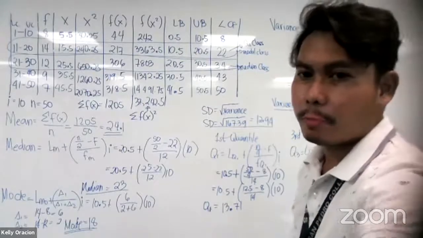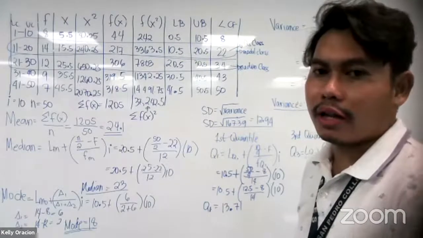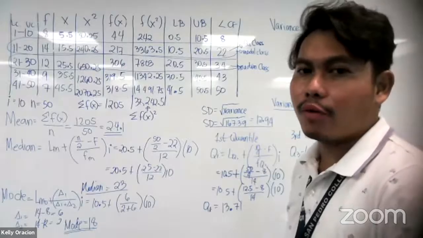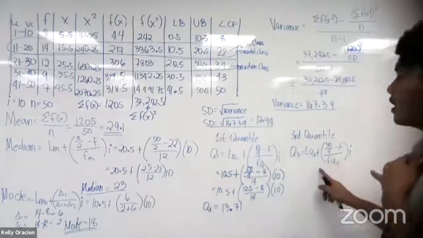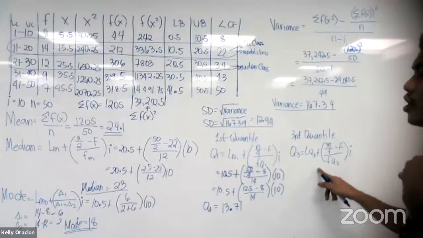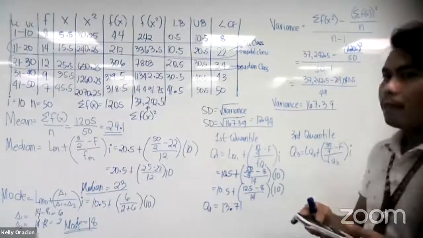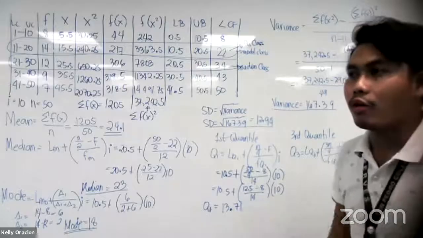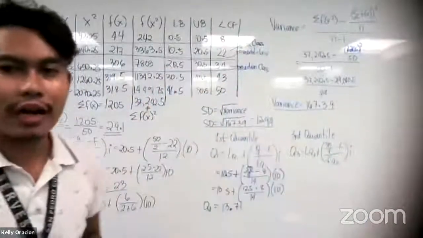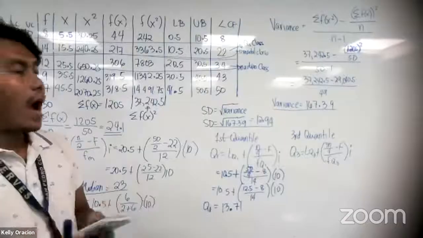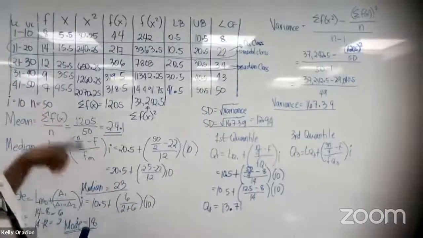Next, for the third quantile, what is our basis for the third quantile? This is our basis to get the third quantile class. We have 3, our n is 50.